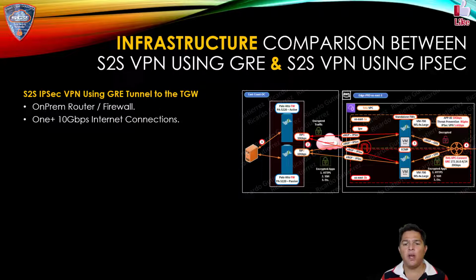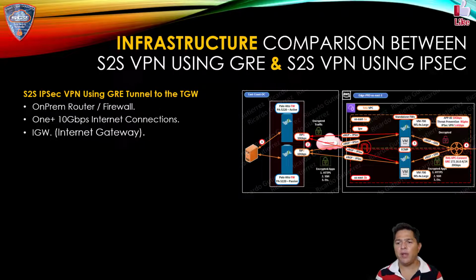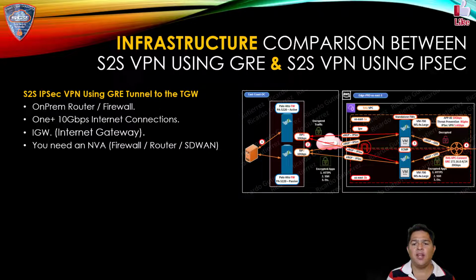You need one or more 10 gigabit internet connections. You need to build an internet gateway in AWS. You need an MVA, this could be a firewall, a router, or an SD-WAN virtual appliance. You need to run BGP on the MVA, very important. This solution provides dynamic routing from the transit gateway to on-prem.